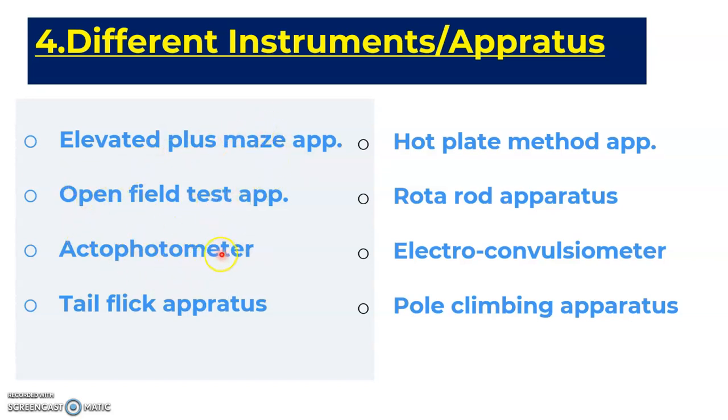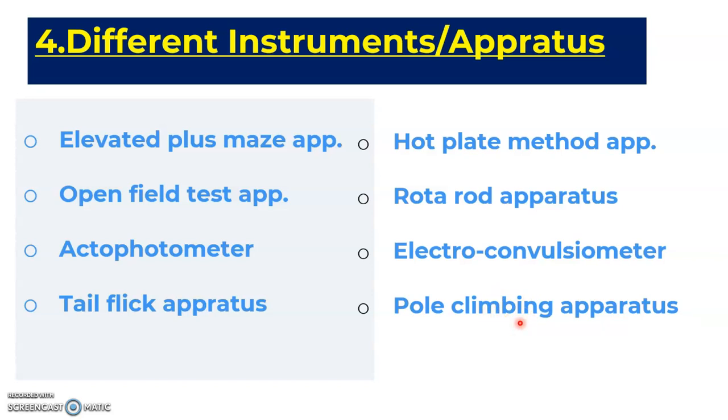Actophotometer: with the help of the actophotometer we can check the hypnotic and sedative effects. Tail flick apparatus and hot plate method are used to check the analgesic activity. Rotarod is used to check the muscle relaxant activity. Electroconvulsometer is used to check convulsions or anticonvulsant effects. Pole climbing apparatus is used to check the learning effects in the animals.